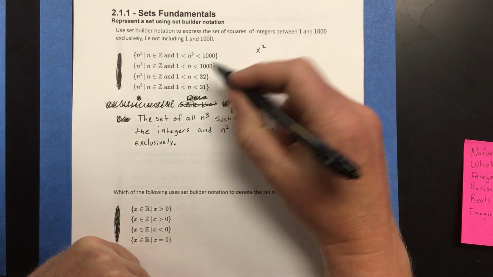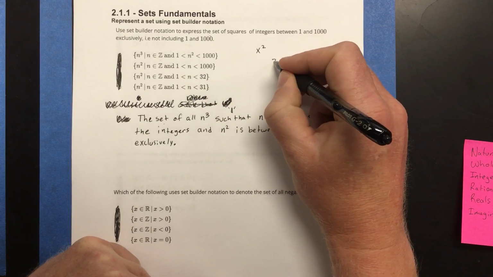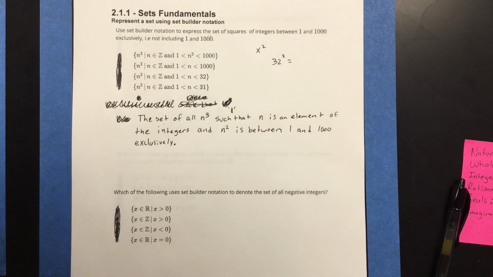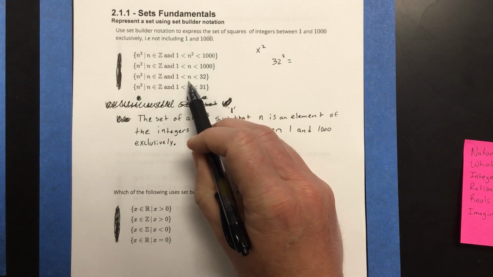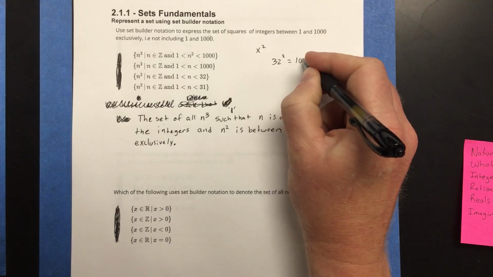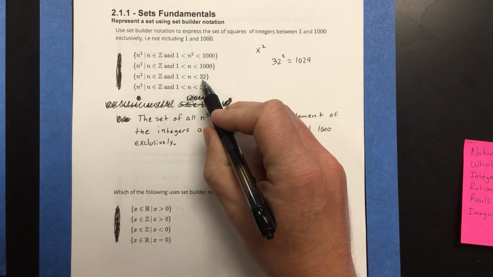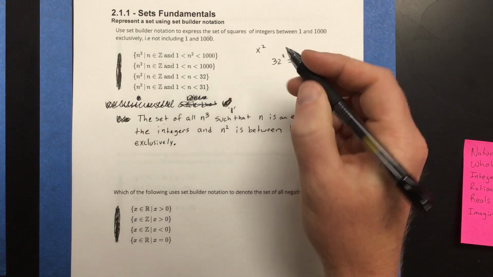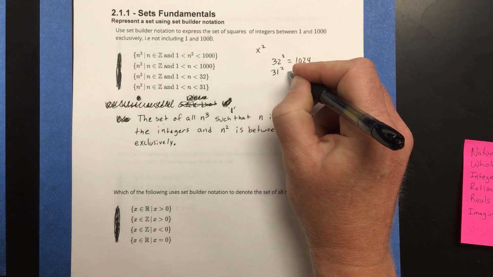So let's take 32 and square it. 32 squared is 1,024. Now it says n less than 32, so technically I can't really get to 32 squared. 32 squared would be 1,024, which is above 1,000, but I can't even use 32 because n has to be less than 32. So let's look at 31 squared then.